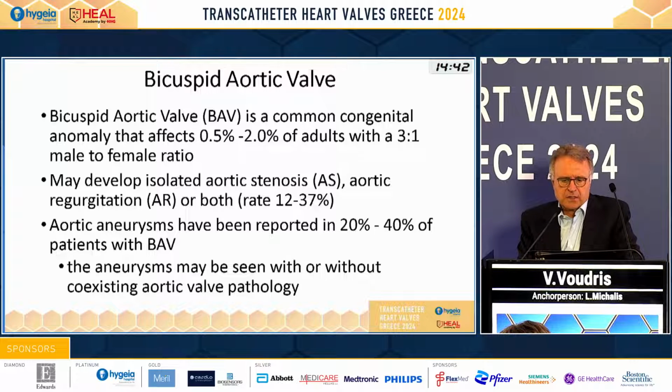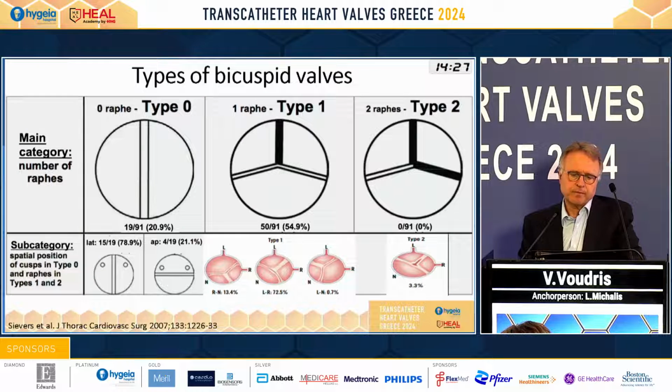Aortic aneurysm has been reported in 20 to 40% of patients with bicuspid morphology. However, this aneurysm may be seen without or with coexistent aortic valve pathology.